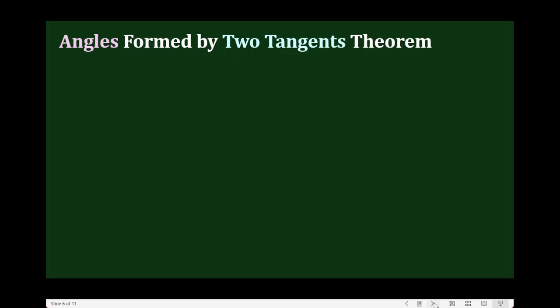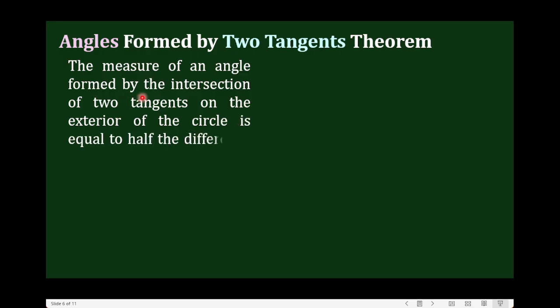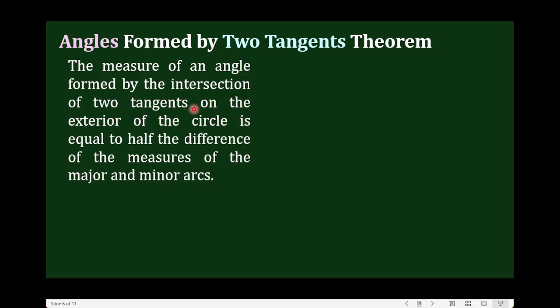Next theorem. This one is the angle formed by two tangents theorem. In this theorem, the measure of an angle formed by the intersection of two tangents on the exterior of the circle is equal to half the difference of the measures of the major arc and minor arc.